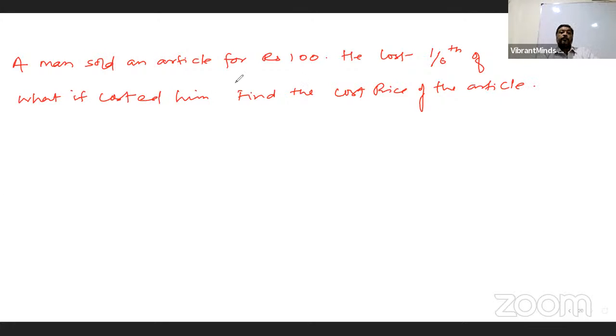So, a man sold an article for ₹100, and he lost 1/6 of the cost price.